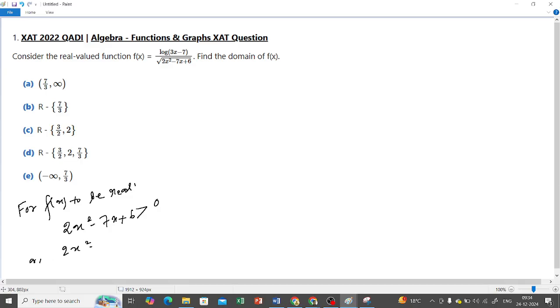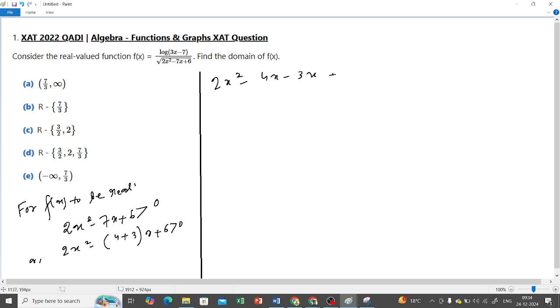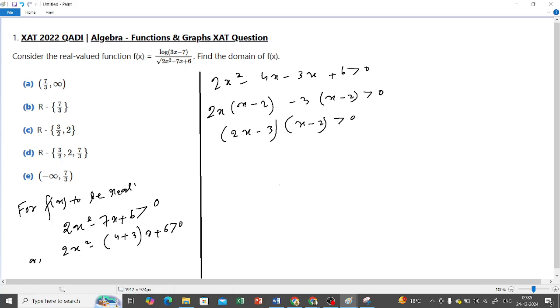So now let me do middle term factorization. 6 times 2 is 12, so this is going to be 4 plus 3. Okay, (2x minus 3)(x minus 2) greater than 0.